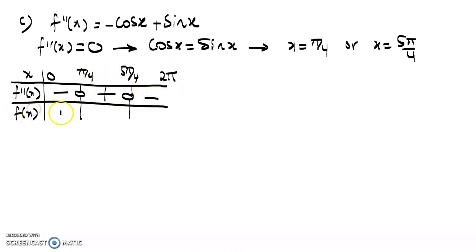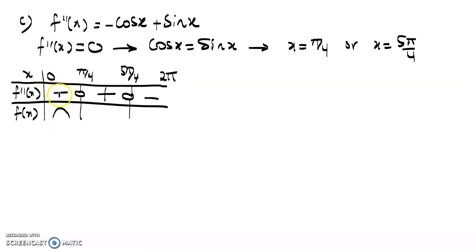Now for f of x, since this is a table of concavity of f, in the last row we need to show the concavity of the function, whether it's concave up or concave down. We know that when the second derivative is negative, the function is concave down.